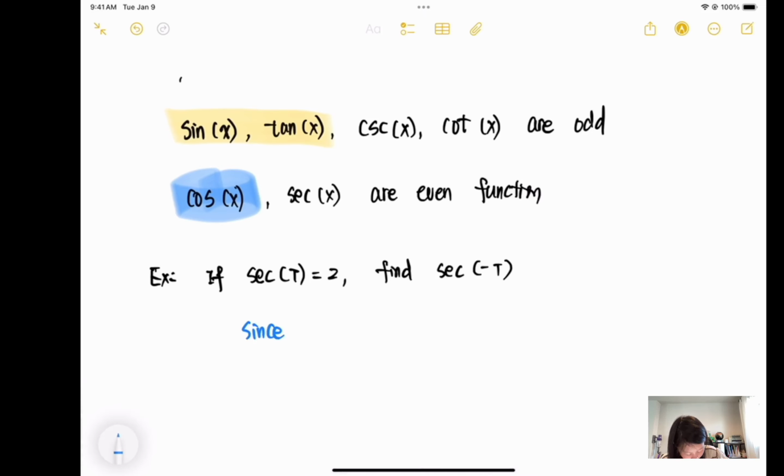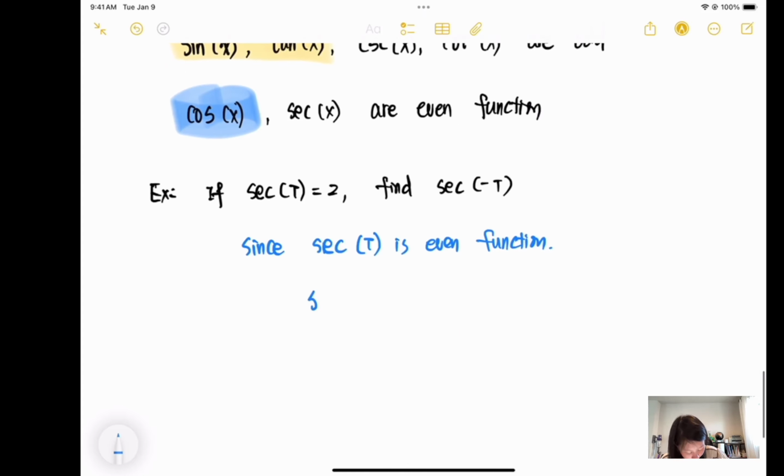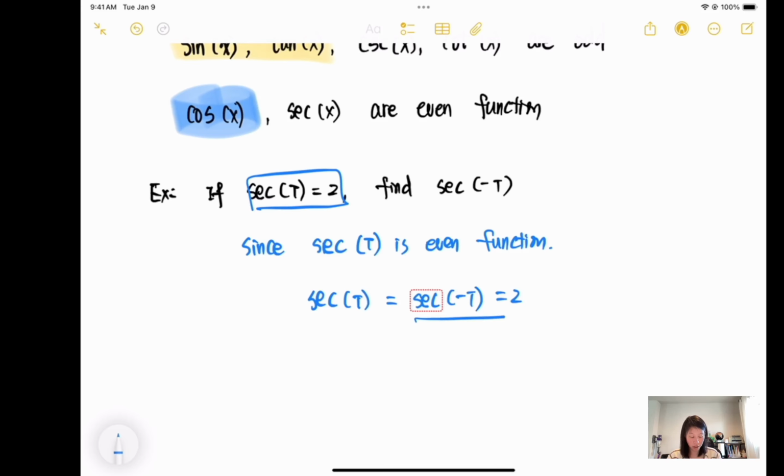Since our secant function is an even function, by the definition of an even function, we have secant t equal to secant negative t, right? So secant t is given, it equals 2. So that means our secant negative t is equal to 2.